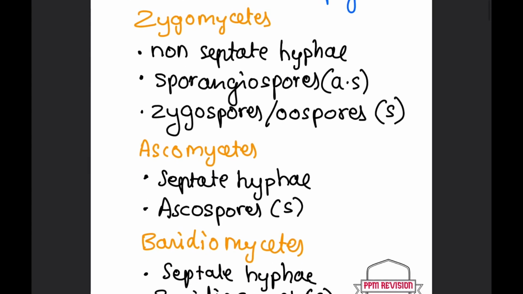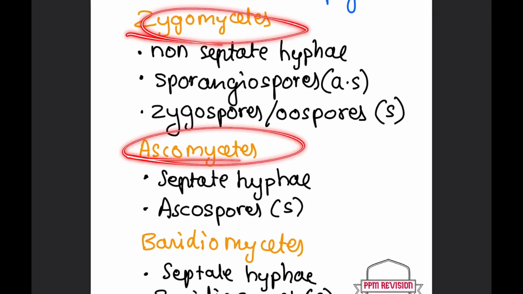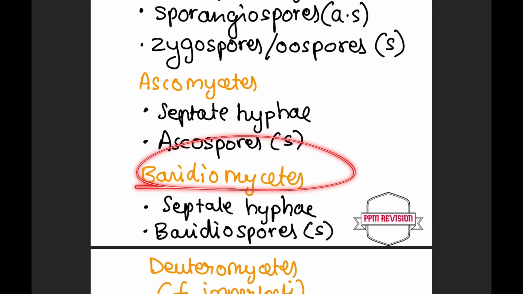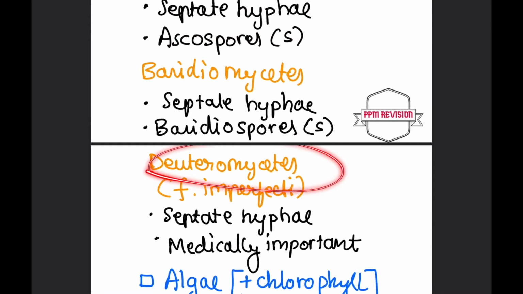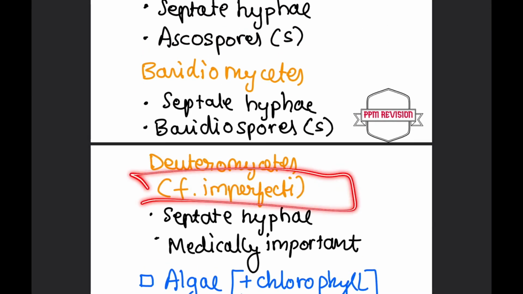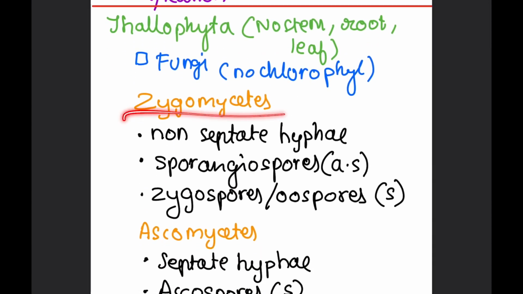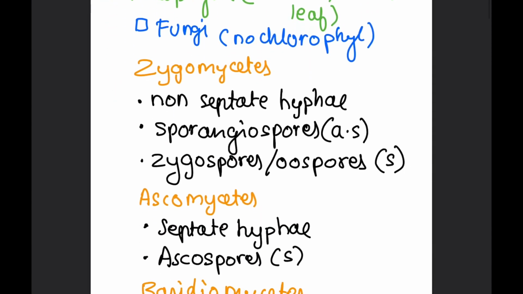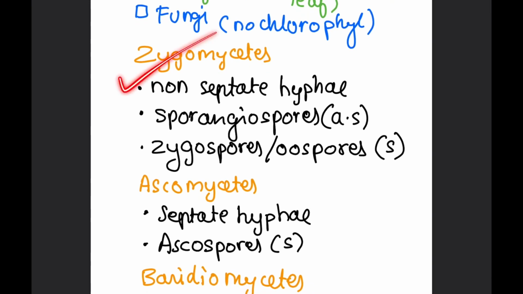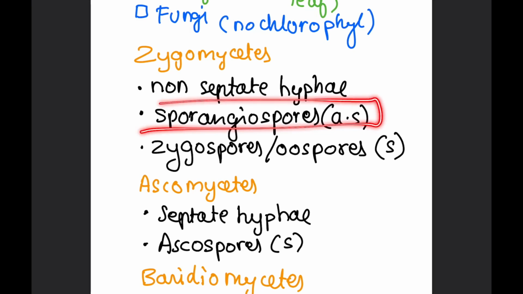And under fungi, there is Zygomycetes, Ascomycetes, and Basidiomycetes, and also Deuteromycetes, which is also known as fungi imperfecti. So, going back to the Zygomycetes, some main features are that it has non-septate hyphae, and it has sporangiospores.